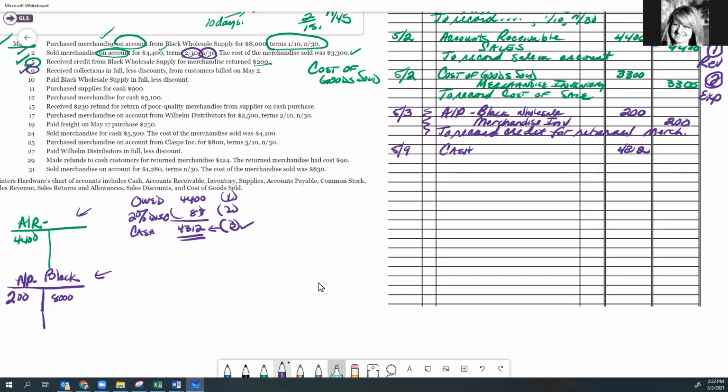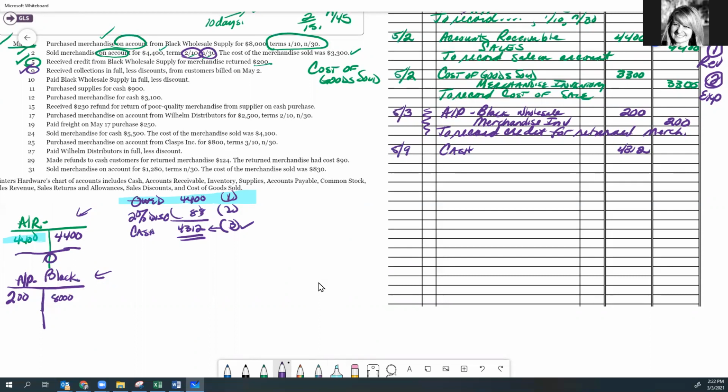The amount here that's owed to us is here in accounts receivable. After our customer pays us, even though they're taking the discount, they owe us nothing anymore. So in order to show that this account is paid in full, we're going to credit the accounts receivable and make it go down for the full $4,400, even though we're not receiving $4,400.